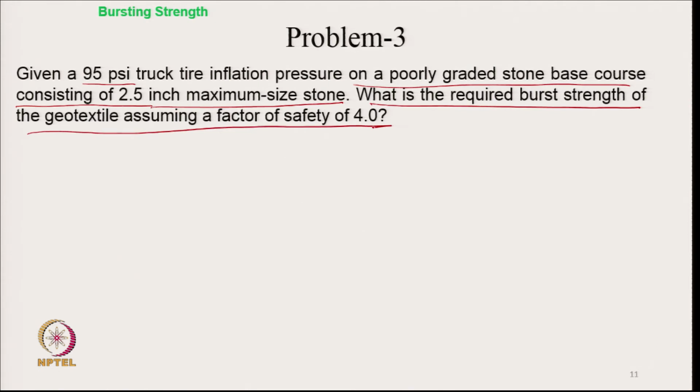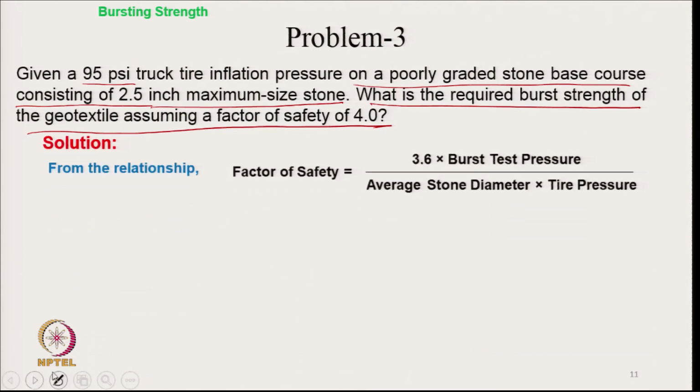Nothing else is given, so the partial factor of safety is not given. So, we can simply use Koerner's equation, here the burst test pressure, the required burst strength, is what we have to calculate.